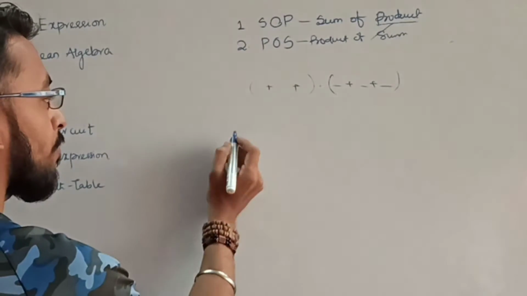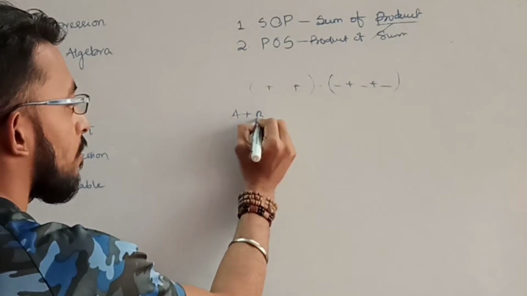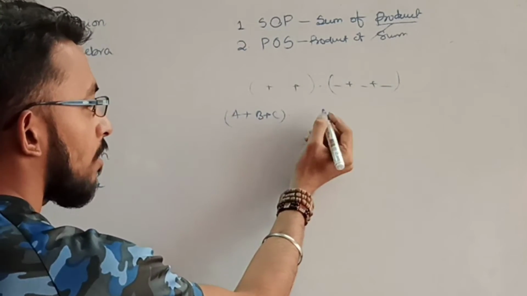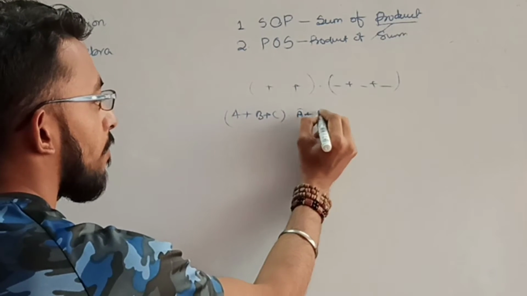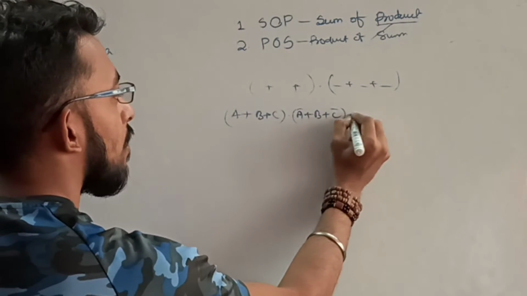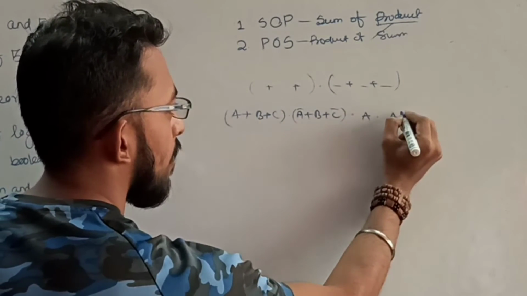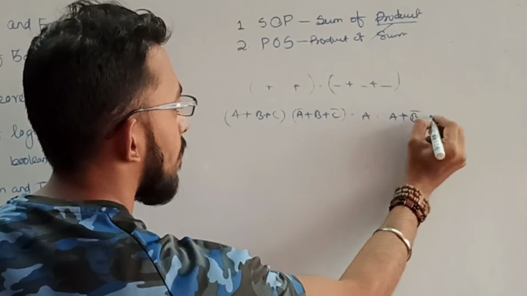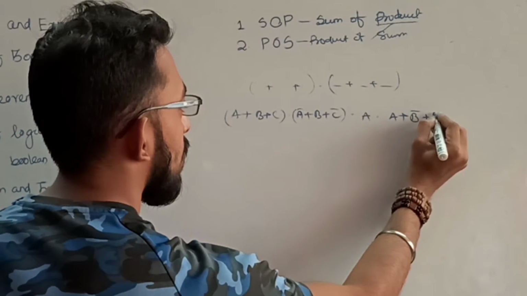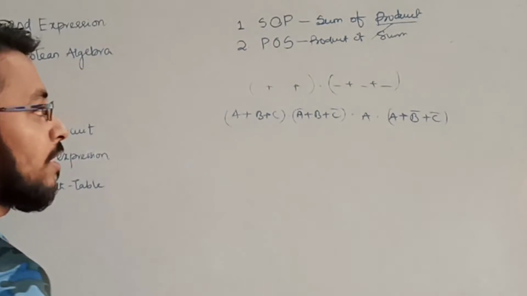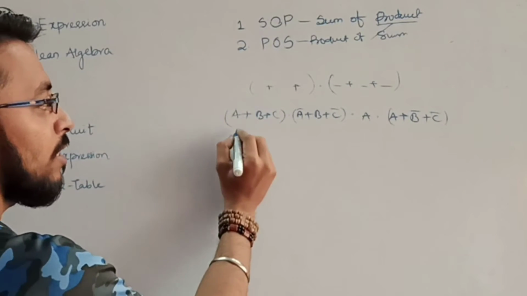So how to represent product of sum: A plus B plus C dot A bar plus B plus C bar dot A bar dot A dot A plus B bar plus C bar. Let's take anything. It is a product of sum form. You see, it is a sum.